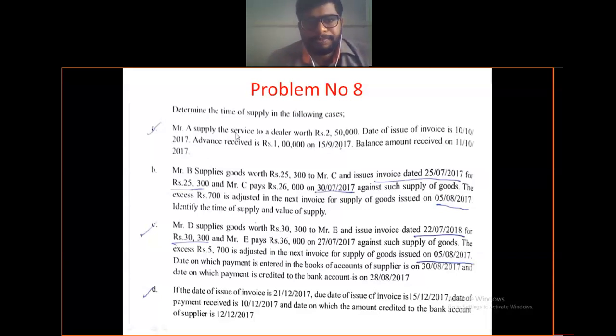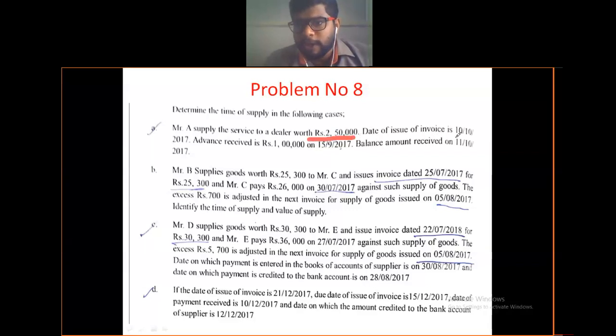First case, Mr. A supplies the service to a dealer worth rupees 2,50,000.